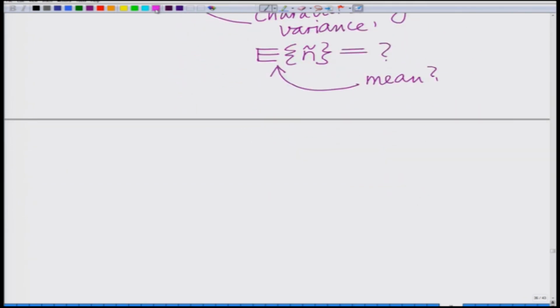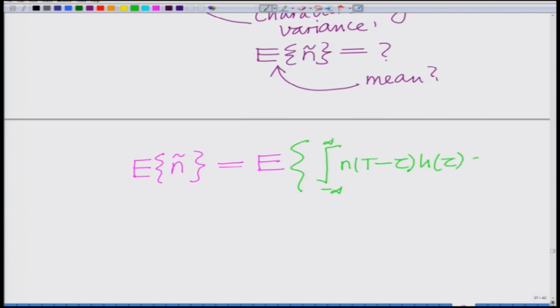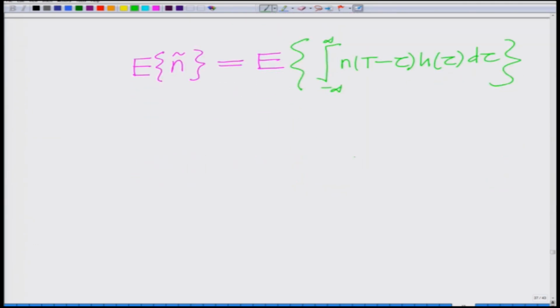Now, to answer that, look at this. The expected value of n tilde equals the expected value of the integral from minus infinity to infinity of n(t minus tau) h(tau) d tau. Now, the expectation operator is linear, so I can take it inside the integral.